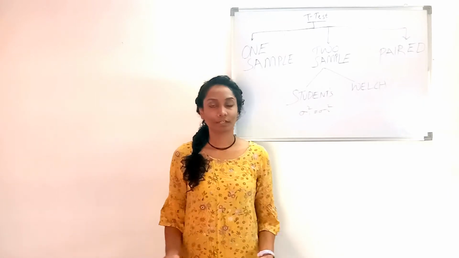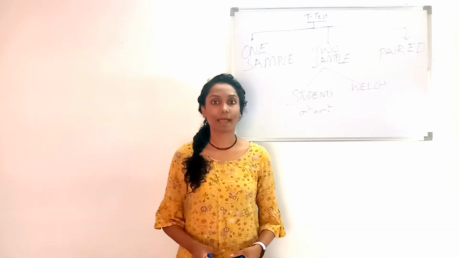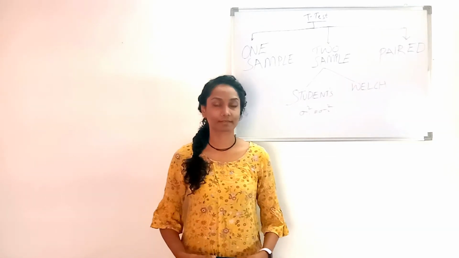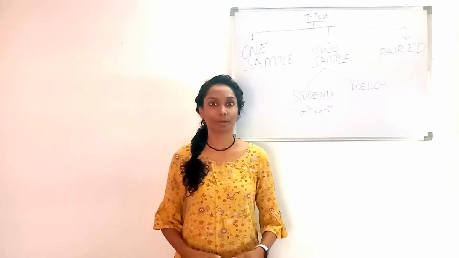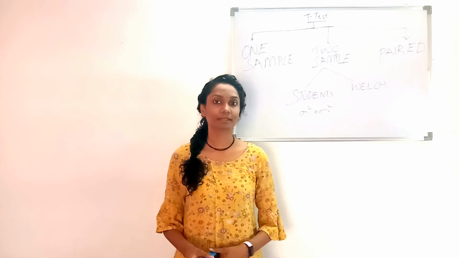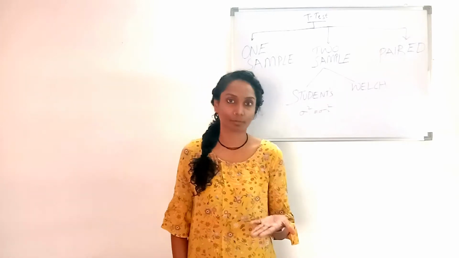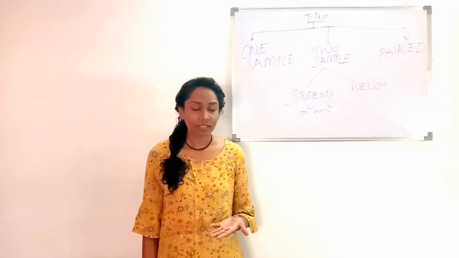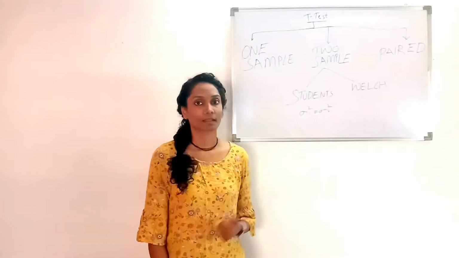So in my last video, I've taken the example of a candy bar with the average number of nuts. The null hypothesis was the average number of nuts in each candy bar was 5. So the test statistic here is the average number of nuts. That is an example of a t-test.